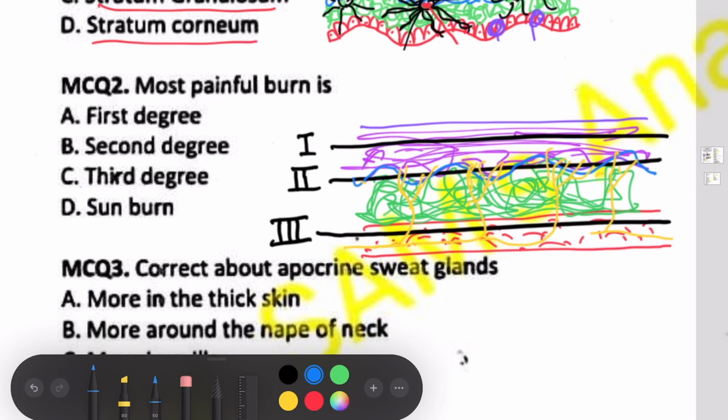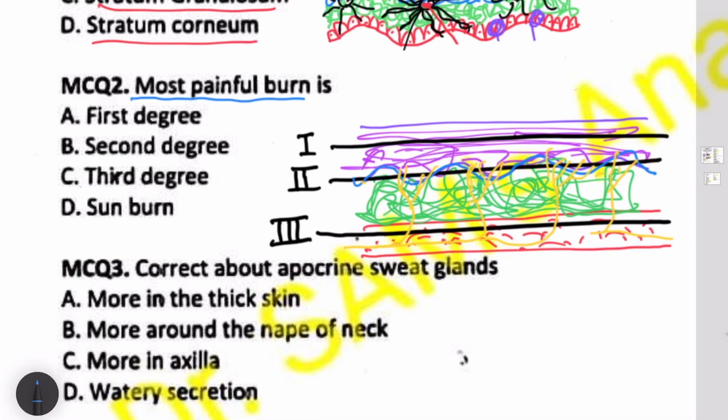So the answer to this, the most painful burn, should be second degree burn. And if they ask which degree of burn is painless, I mean after the burn, the painless degree is third.